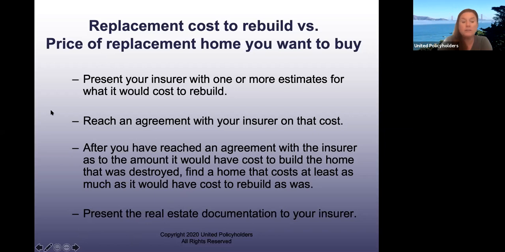I would do that if you don't know if your insurer is going to deduct the land value, because you don't want to give them the idea to deduct the land value. If you just ask them, are you going to, they'll be like, can we? Because I've heard of some that aren't doing it. So this is a way to make sure that they're going to release all your money.